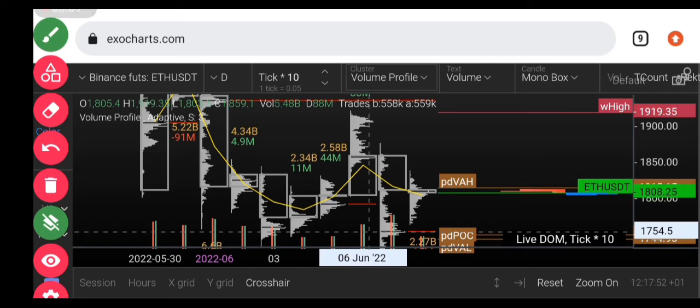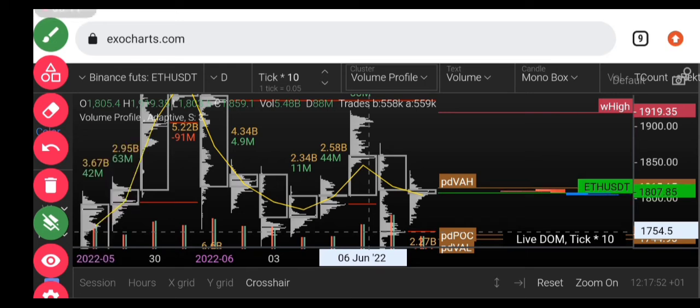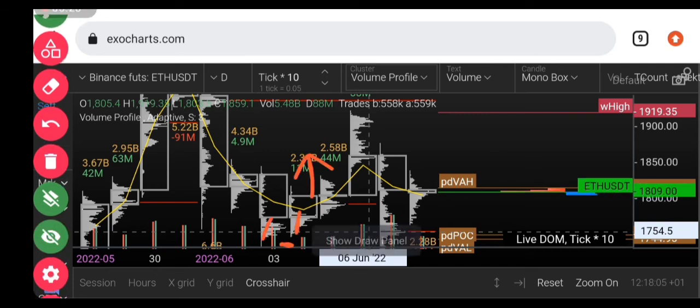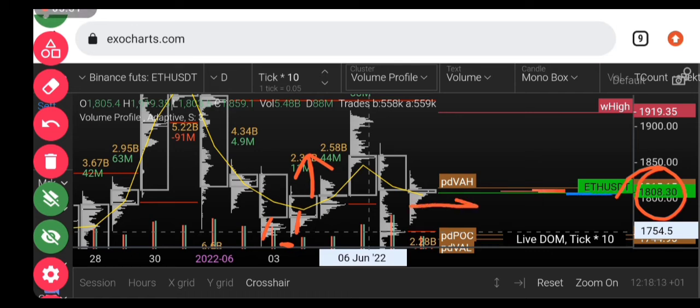Now, the market profile is a tool that shows us three pieces of information, right? It shows us the price, where the security or asset is trading. It also shows us the volume.